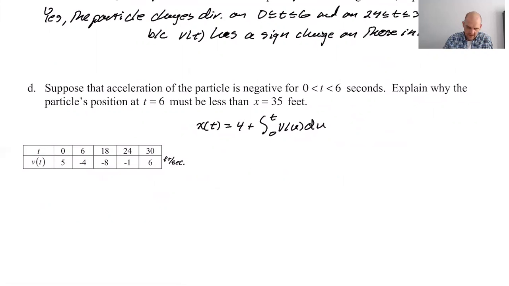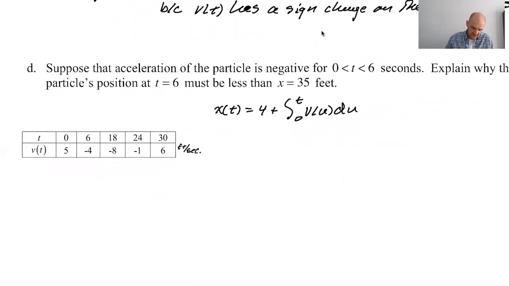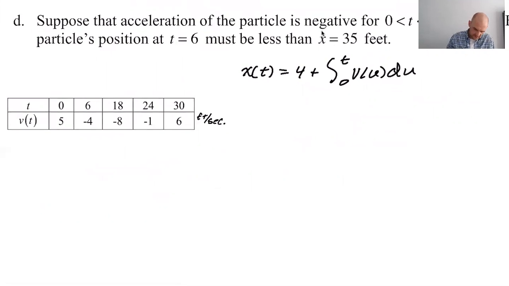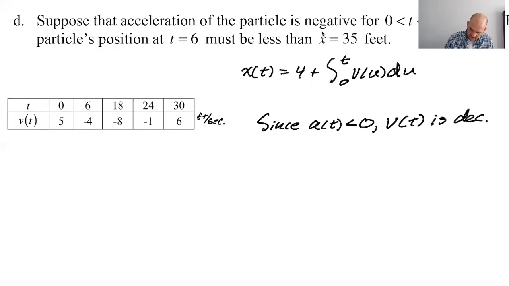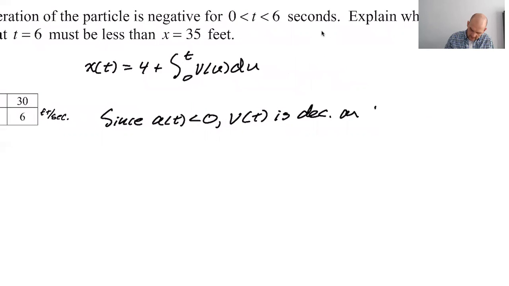All right. I tend to like to think in extremes in this situation. So we know acceleration is negative, which means velocity is decreasing. So since a of t is less than 0, v of t is decreasing on 0 to 6.